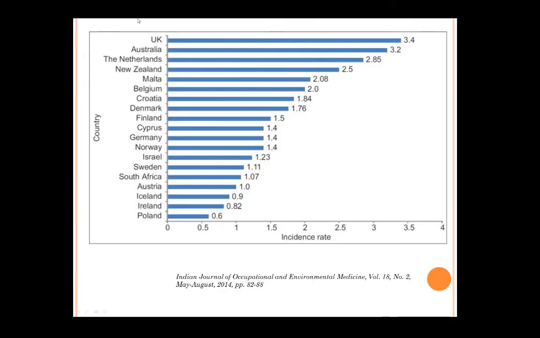This figure shows the incidence rate of mesothelioma in different countries in the world, with the United Kingdom and Australia having the highest incidence of mesothelioma. These are countries that are surrounded by water, and they are involved in shipyard manufacturing.